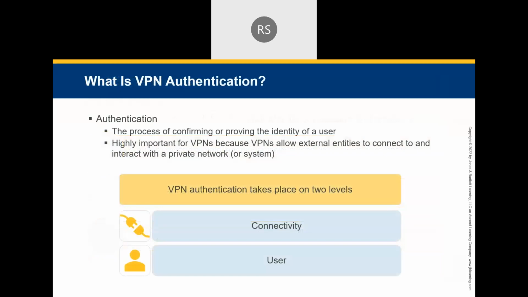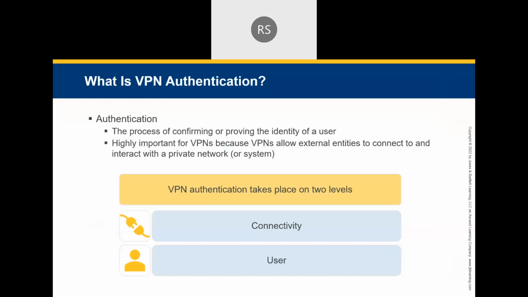VPN authentication is the process of confirming or proving the identity of the user. This is something that's highly important for VPNs, given that they enable external entities to connect to and interact with a private network or systems.